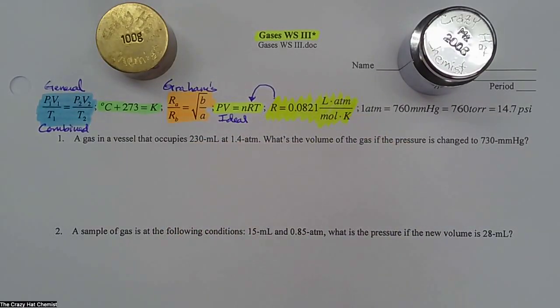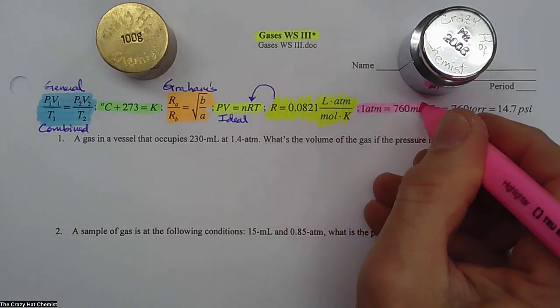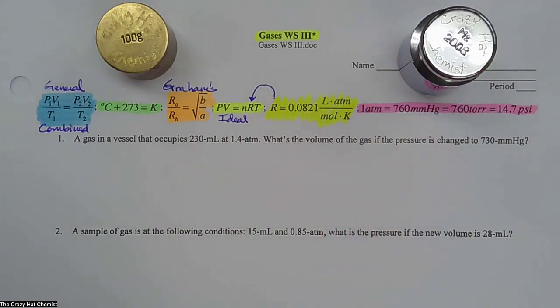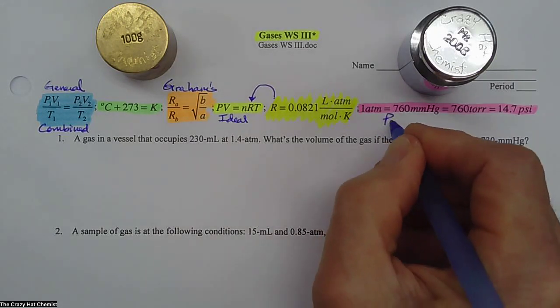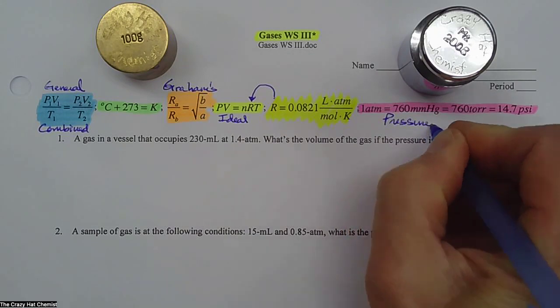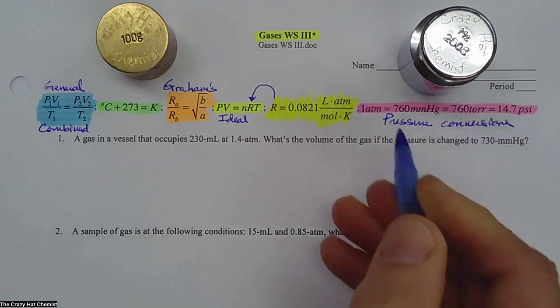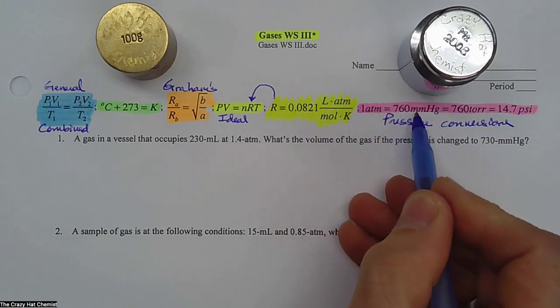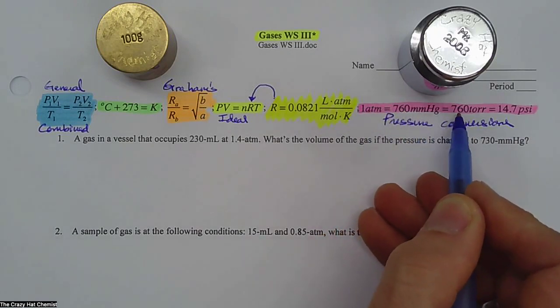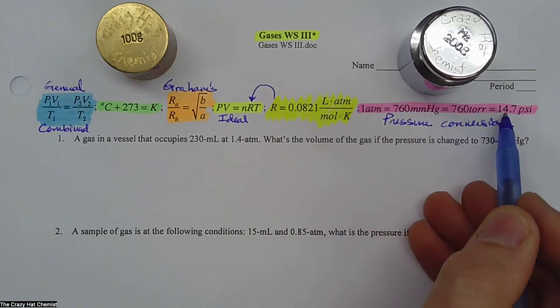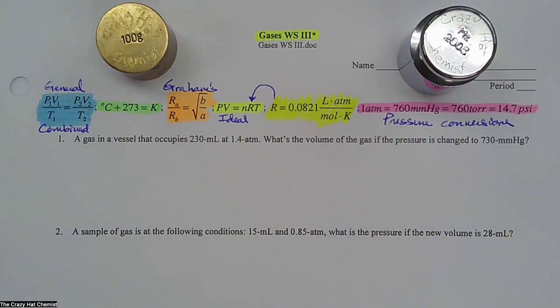And then this last section here is pressure units, the pressure conversions. That is, 1 atmosphere is equal to 760 millimeters of mercury, which is equal to 760 torr, which is equal to 14.1 pounds per square inch.